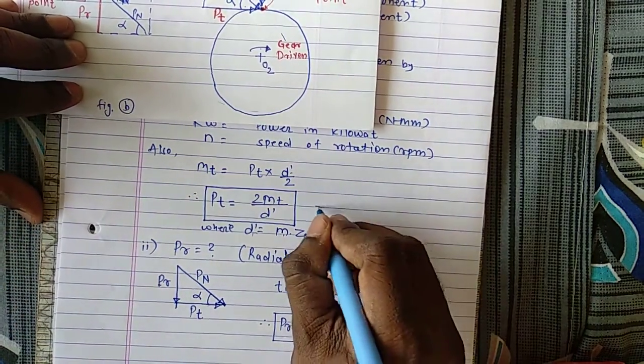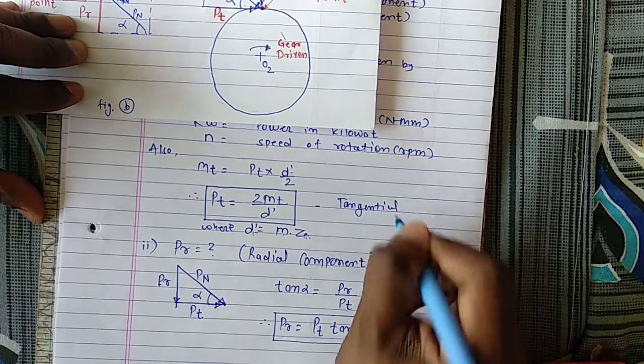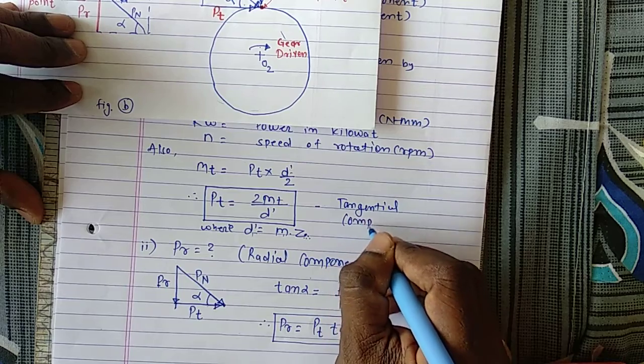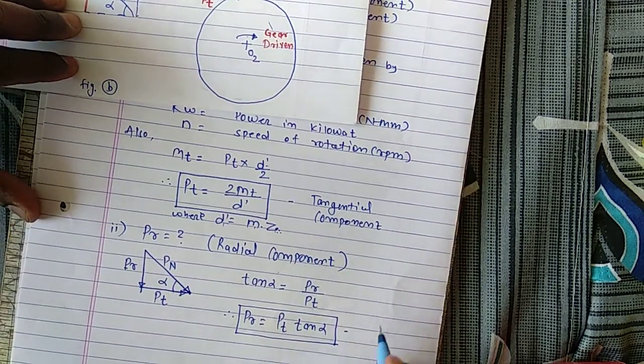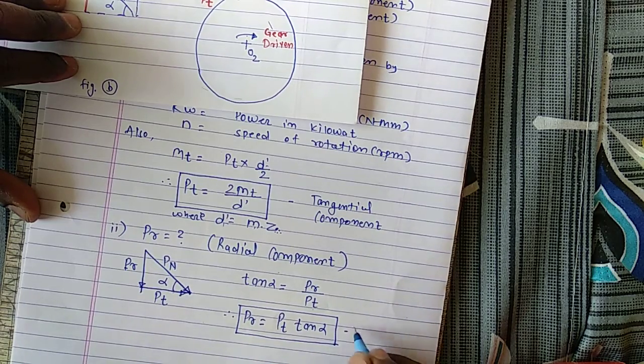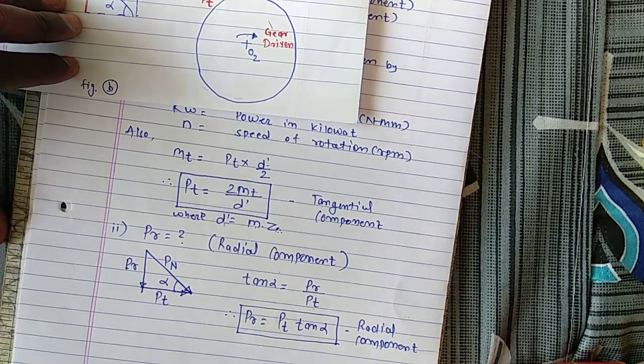So initially we calculated the value of the tangential component, and here we have derived one equation for the radial component PR.